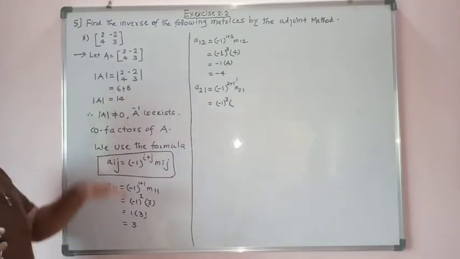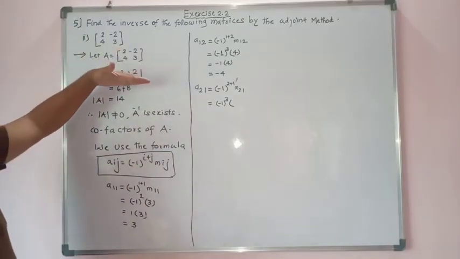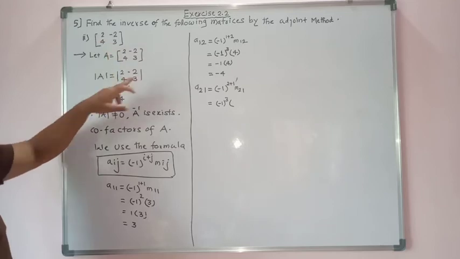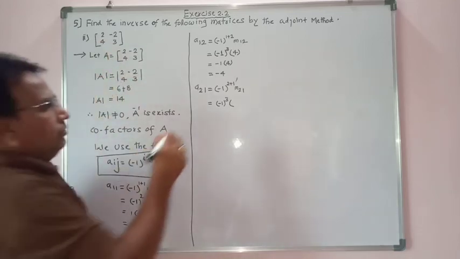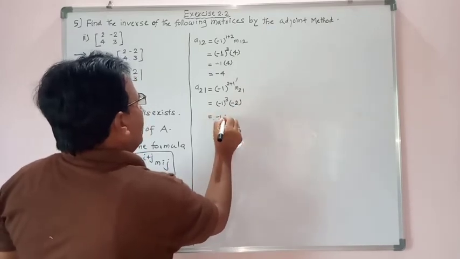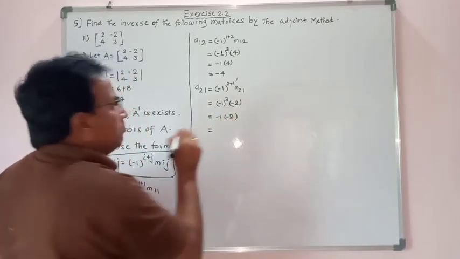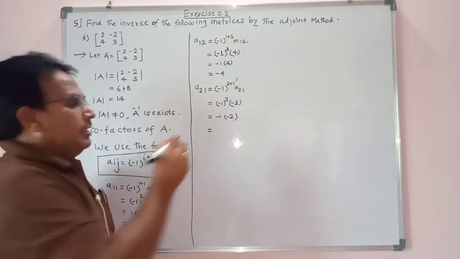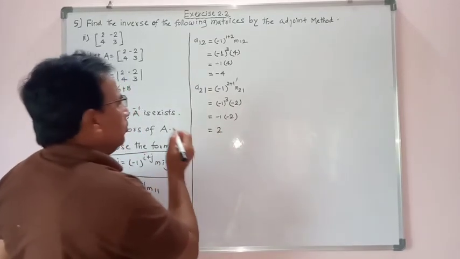What is the value of M21? Leaving the second row and first column, M21 is -2. (-1) cubed is -1, into -2, this product is plus 2. A21 is 2.